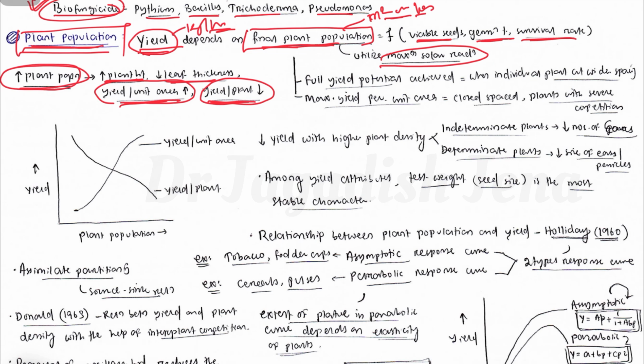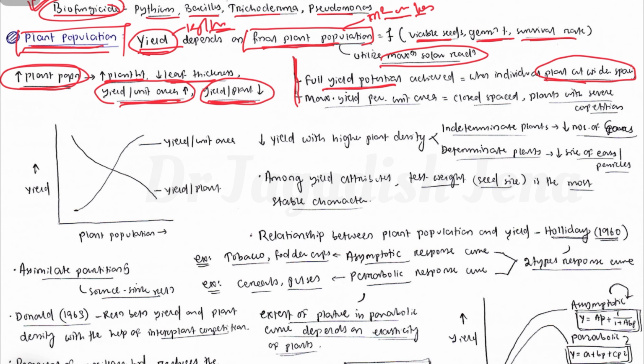Okay. Now if we want the full yield potential from a particular plant, then we have to space the individual plant at a wider spacing. Okay, so if we want a plant to reach its maximum potential, then we have to plant it at a wider spacing, because at wider spacing there is no intra-plant competition.